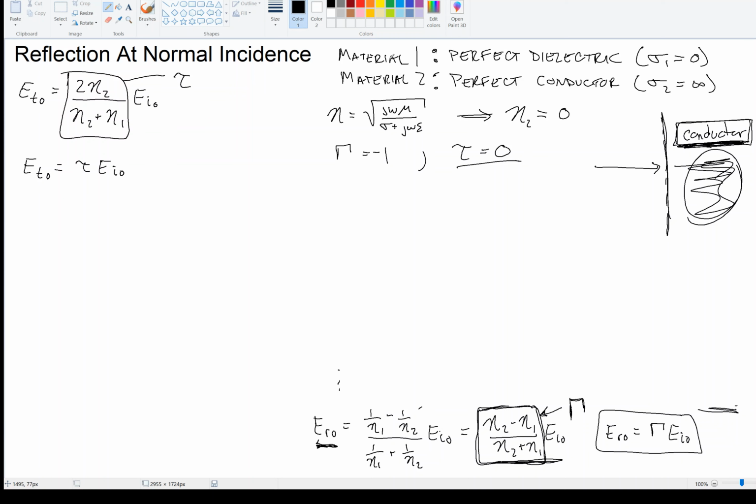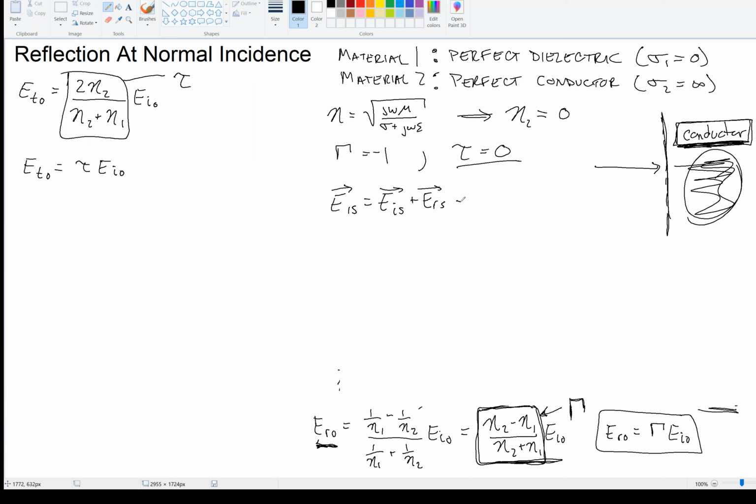So now we can talk about the total electric field in material 1, still in this case here. The electric field in material 1, speaking in terms of phasors, is the incident phasor plus the reflected phasor. We'll call that E1S. The total electric field in material 1 is made up of the incident electric field plus the reflected electric field.